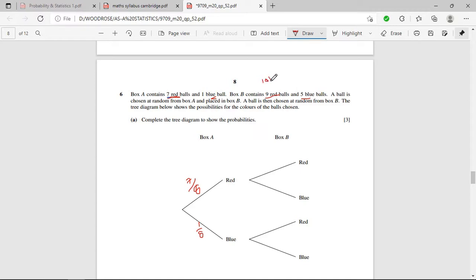Suppose we are selecting a ball from box A, then putting it in box B. If we select red and put it in box B, there are going to be 10 red balls and 5 blue balls, meaning there will be 15. So selecting a red ball will be 10 over 15. And here for blue, it will be 5 over 15.